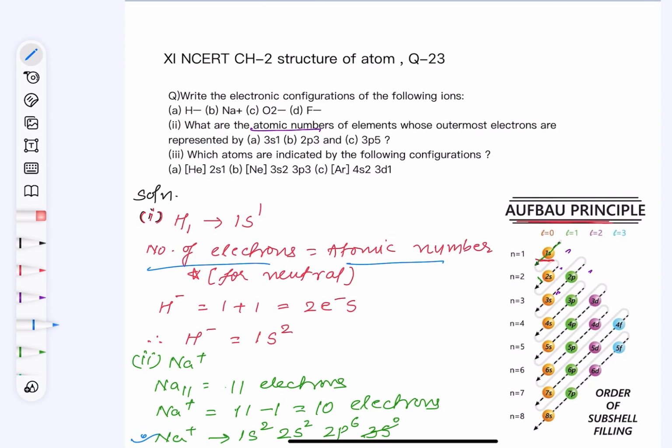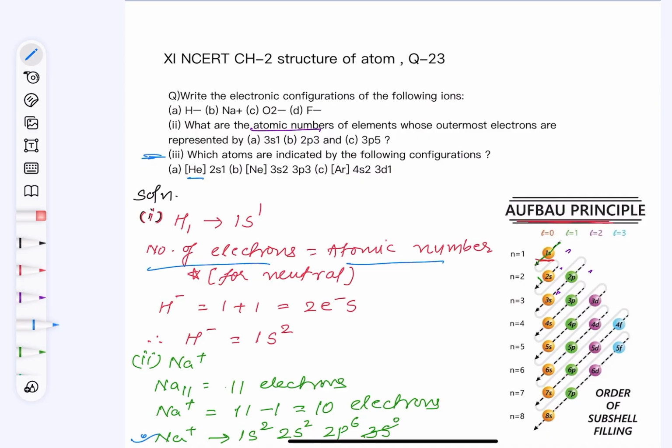Fine. Okay, now the third question in this one is, which atoms are indicated by the following configuration? So if you look at helium, it has configuration 1s2 and it is then followed by 2s1.